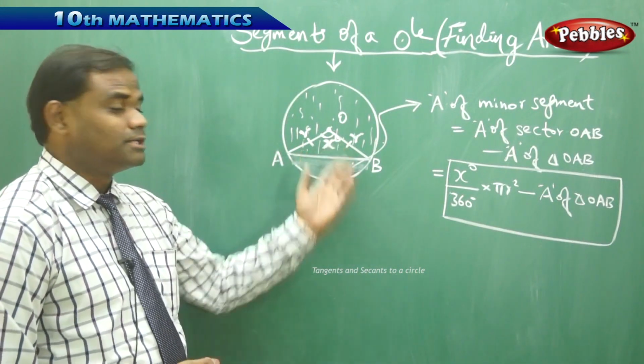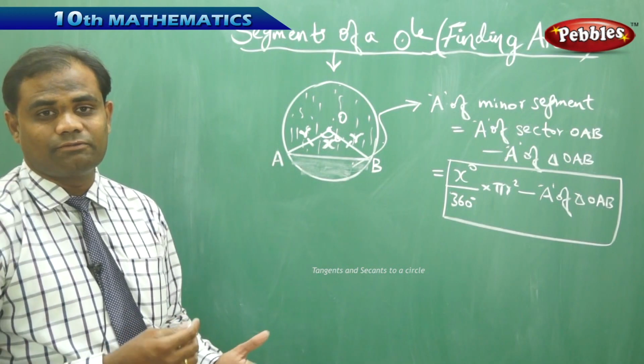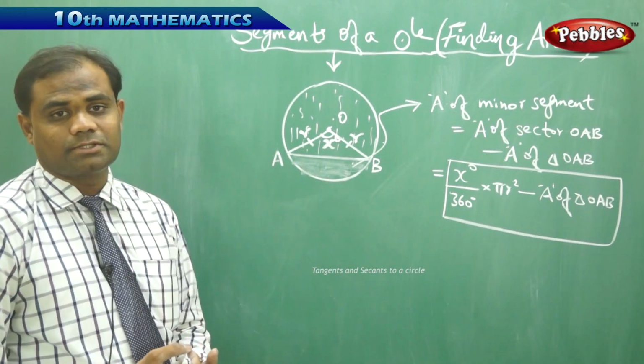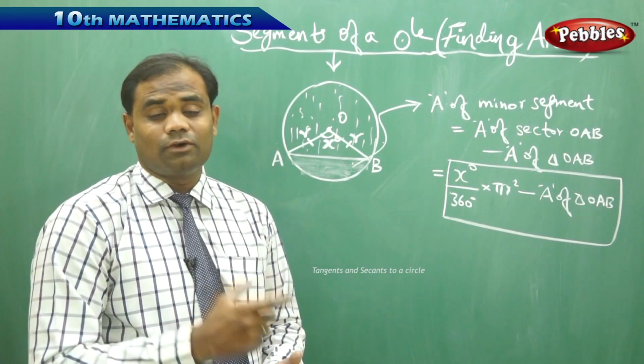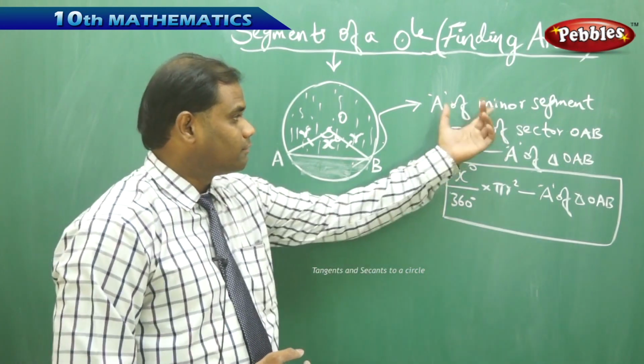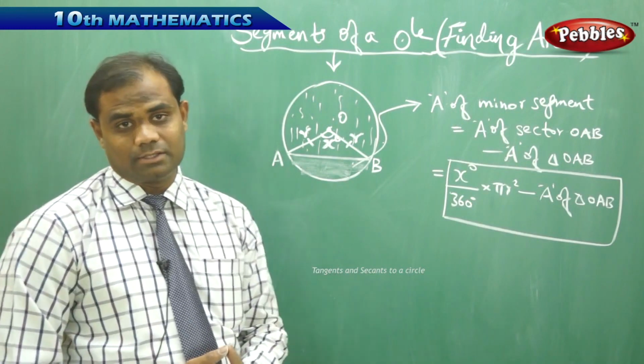Next comes the major segment. Now how do I find the area of major segment? The area of the major segment can be found if we know the area of the minor segment.